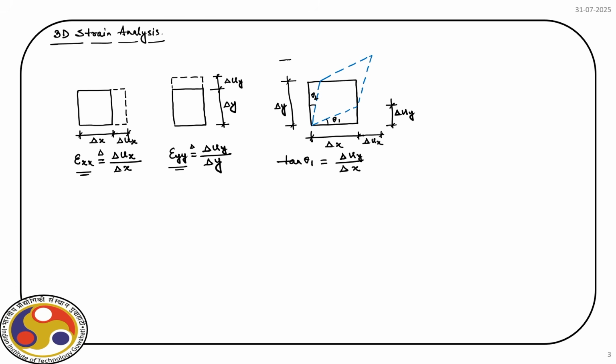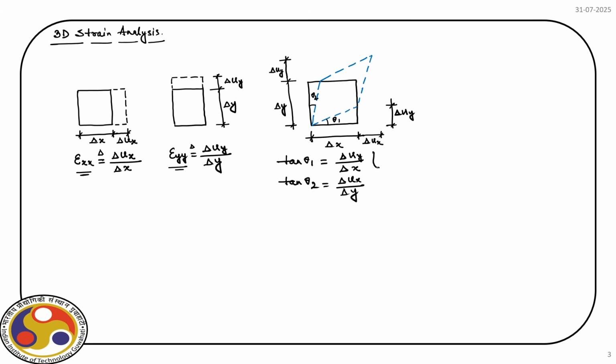Similarly, in this direction also it deforms by an amount of delta u y, and then tan theta 2 is what? Delta u x divided by delta y.